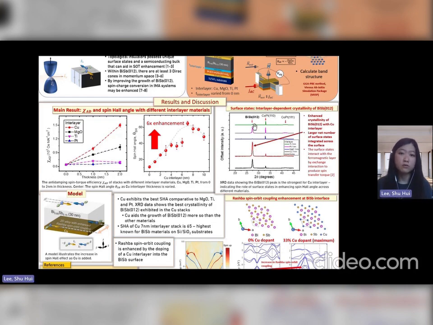The bismuth antimony 012 crystalline phase grows the best, and there are the most domains, which translates to a larger number of surface states when you integrate across the surface, which means a larger number of interactions with the ferromagnet to produce a larger spin transfer torque. This is one reason for the result.